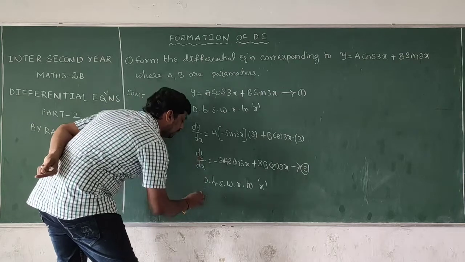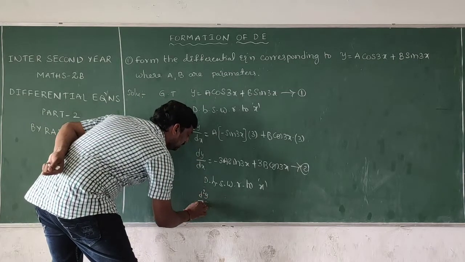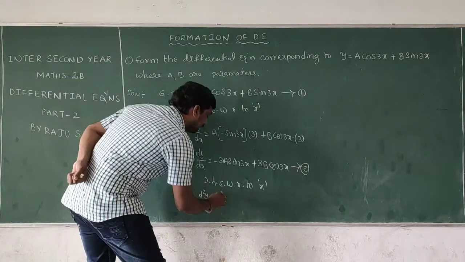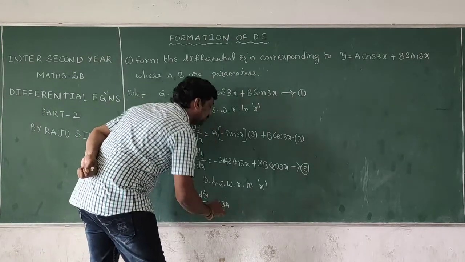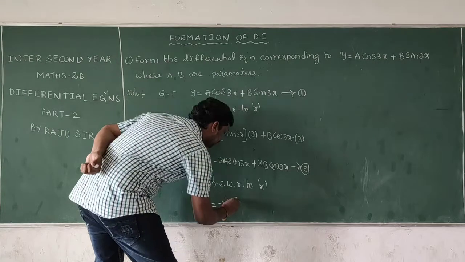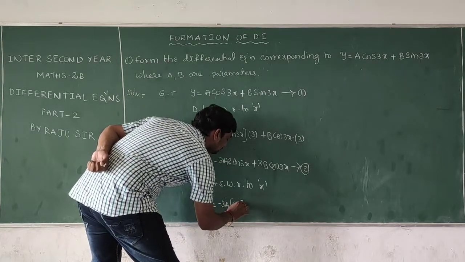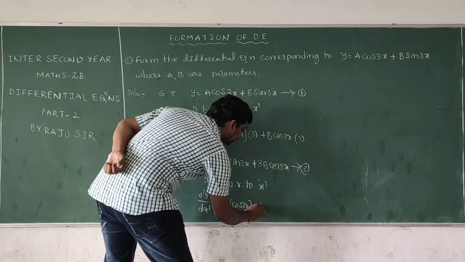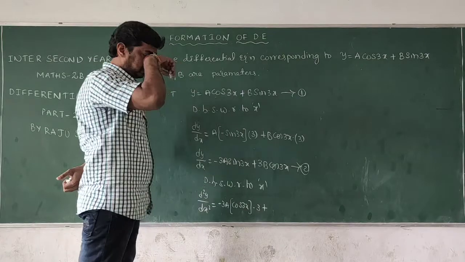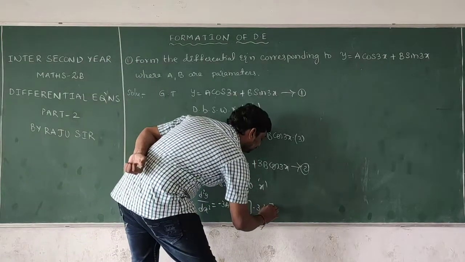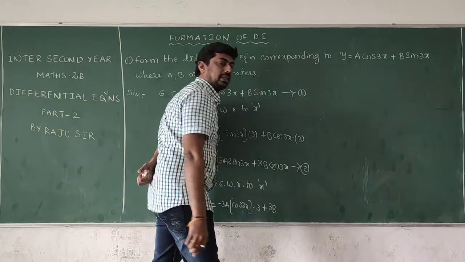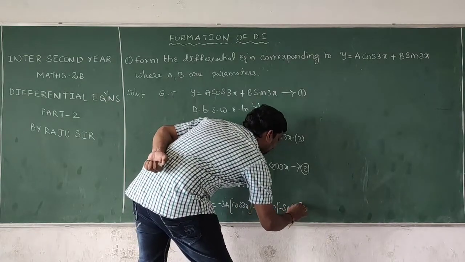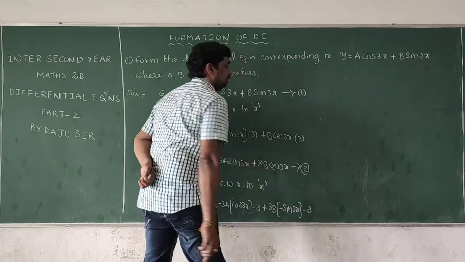Derivative of dy by dx is d square y by dx square, equal to minus 3a is constant, sin 3x differentiation is cos 3x into 3x differentiation 3, plus 3b into cos 3x differentiation, minus sin 3x into internal function differentiation 3.